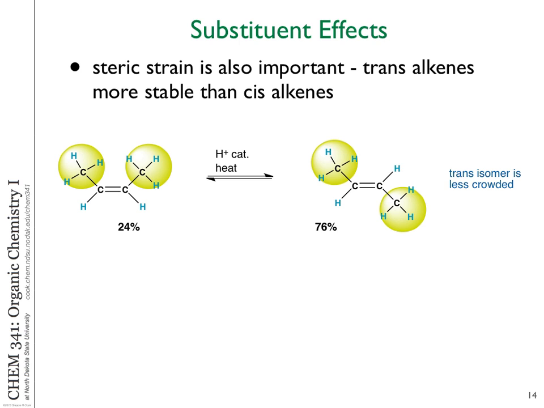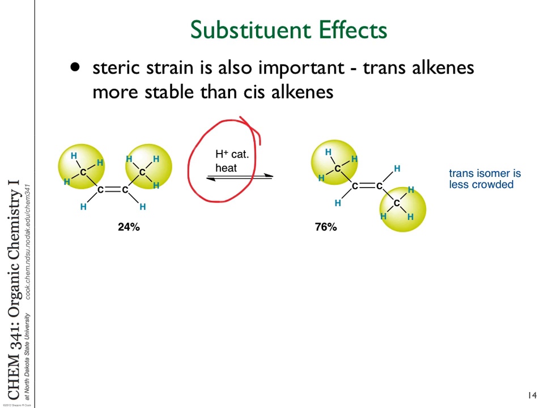Okay, the substituent effects, as we just talked about, you can have different types of steric interactions, as shown here when we have 2-butene, cis and trans. As a matter of fact, if you just take either cis or trans 2-butene, and you heat it up with a little bit of acid catalyst, you see it will isomerize from one to the other.